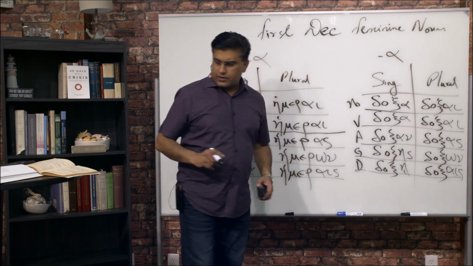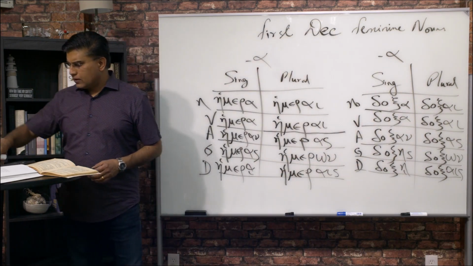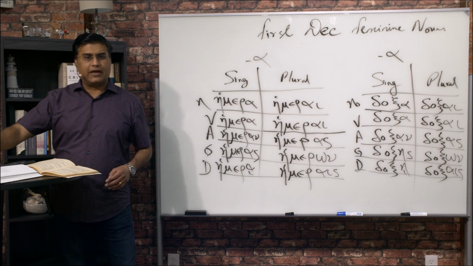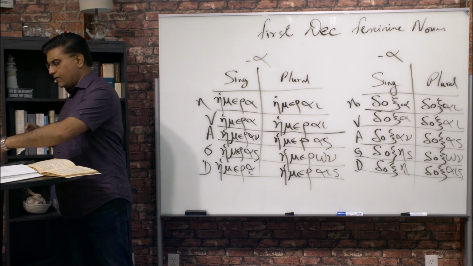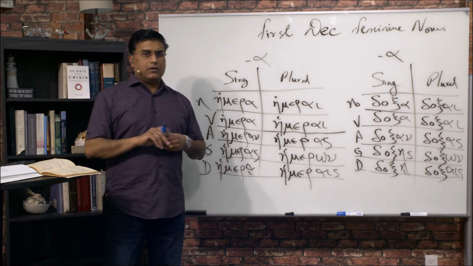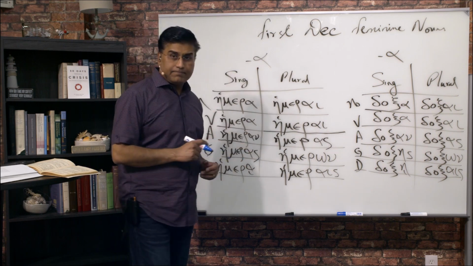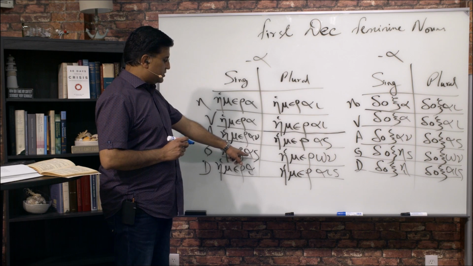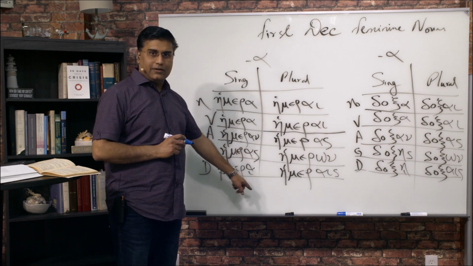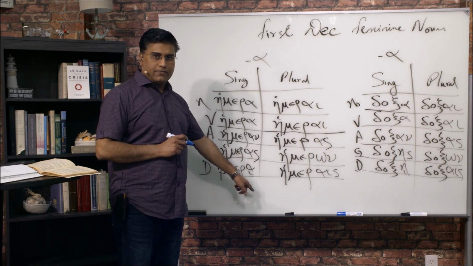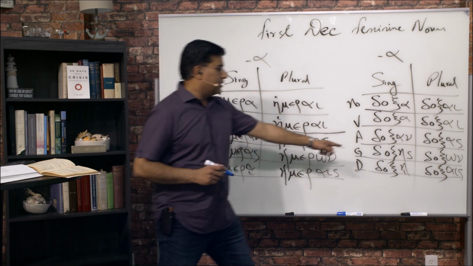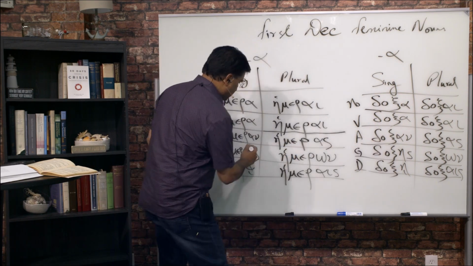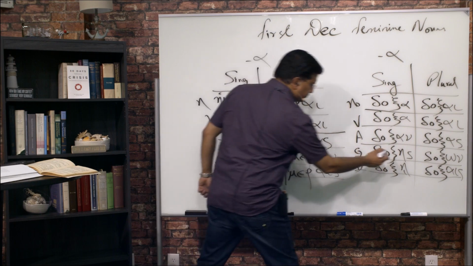So as you look at this chart, of course, most of the endings are very similar. They are first declension feminine with the a ending, both of them. But there's a slight difference when it comes to the genitive singular and the dative singular. Notice the difference?